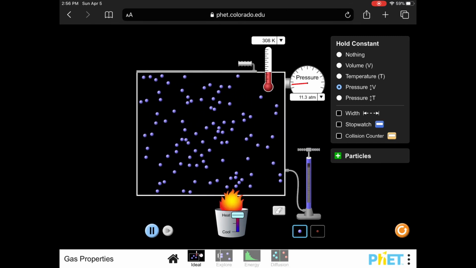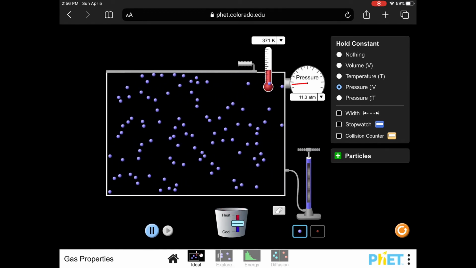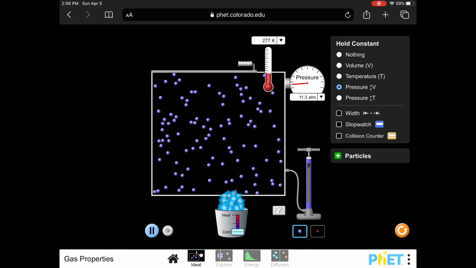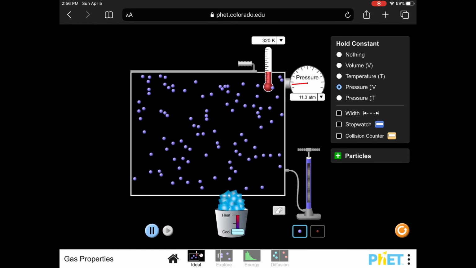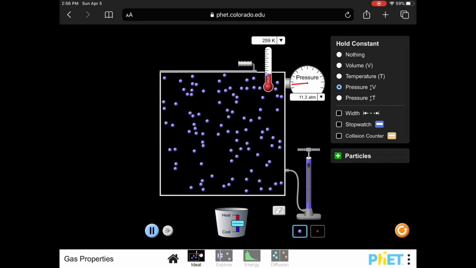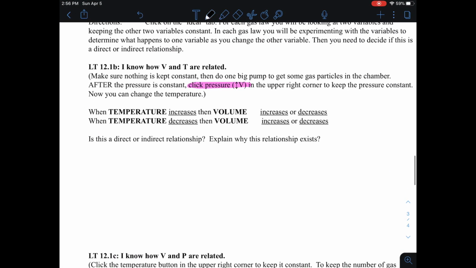So I'm going to increase temperature. Let's see what happens to the volume. Notice the volume got larger. If I cool it down, the volume gets smaller. Okay, so going back here, we're going to circle what happened. When temperature increased, volume increased. When temperature decreased, volume decreased.